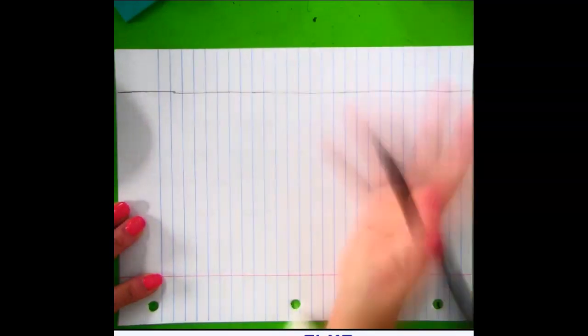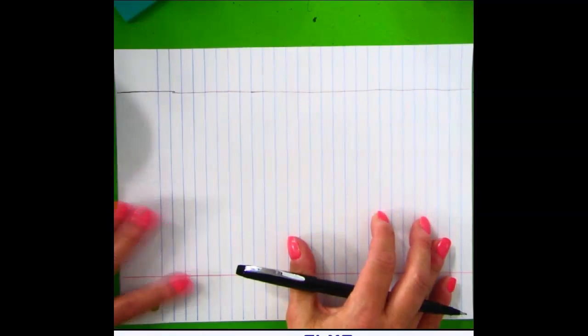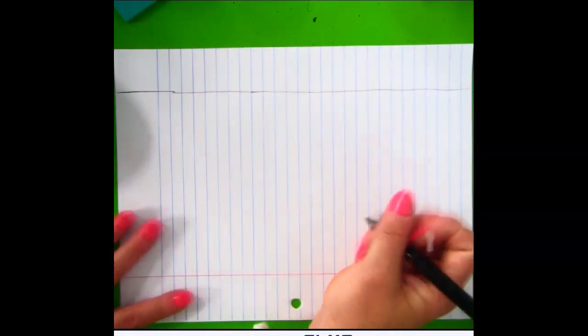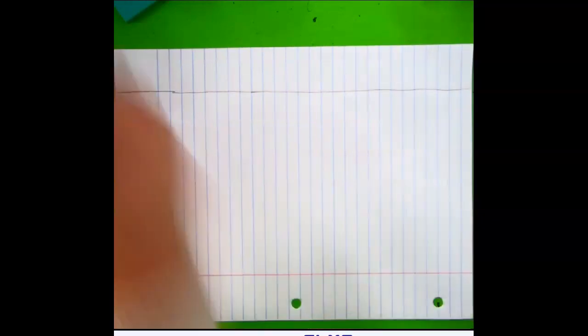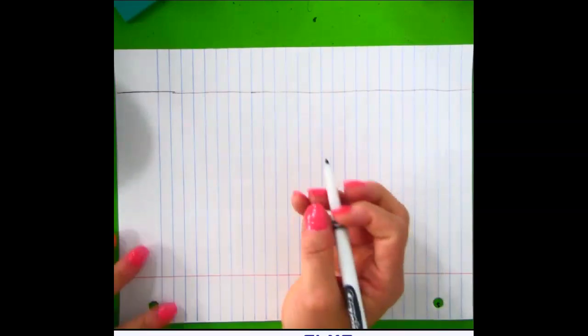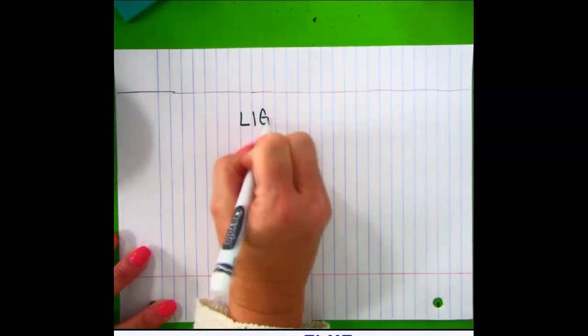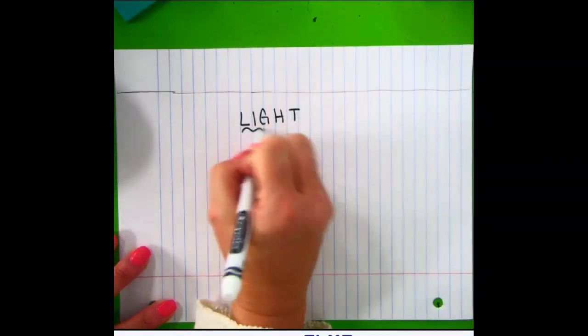So I'm going to create a line. And we are going to be talking about light today. So somewhere in the middle, I'm going to write the word light.